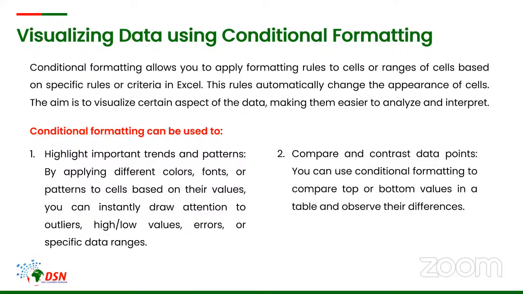It can instantly draw attention to outliers. Outliers are data points that are far from the common ones. For instance, say you have a class of GSS1 students, and the average age in your class is 11 years old.